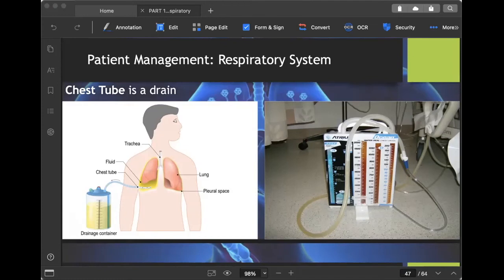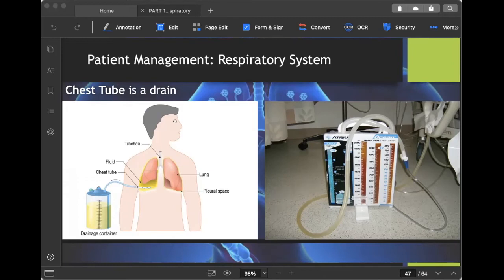Now, with this one, you must be alerted if there's a leakage of air into the drainage system, whether in a simple water seal or the mechanical suction type. This is indicated by constant bubbling in the water seal system or bottle.